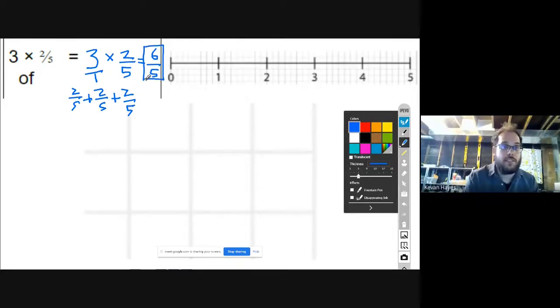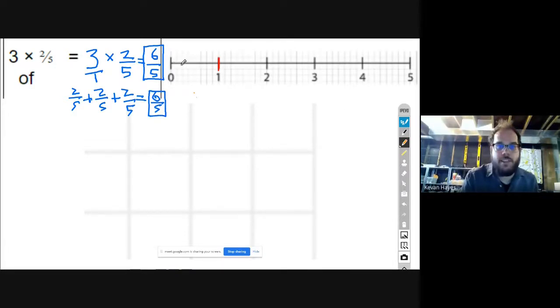It would be 6/5. And you can see that same answer if we consider it broken into addition, right? 2 plus 2 plus 2 is 6. So we have 6/5. If we're going to show this on a number line, then we would think about 3 groups of 2/5. And so splitting my number line into 2/5. So if we had this split into 1, 2, 3, 4, there's each of those is a fifth, each of those little tick lines.